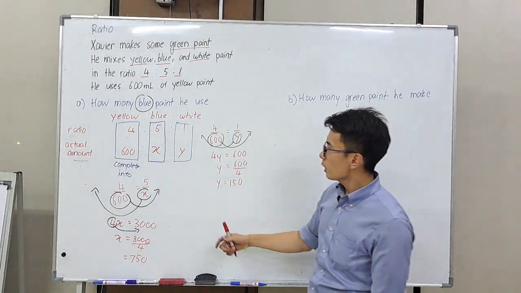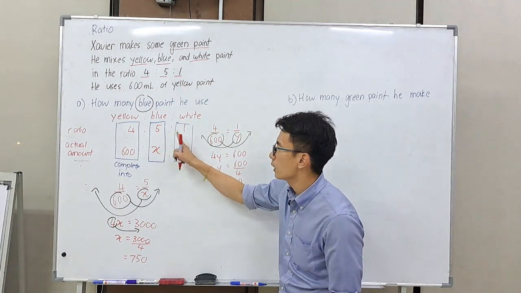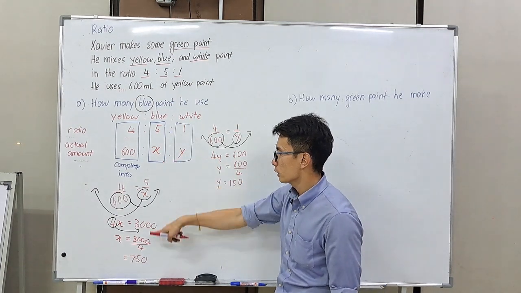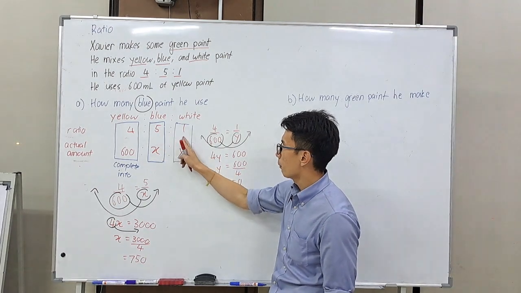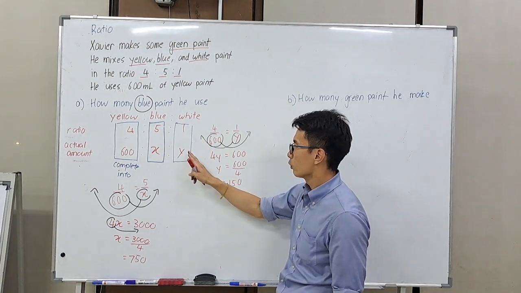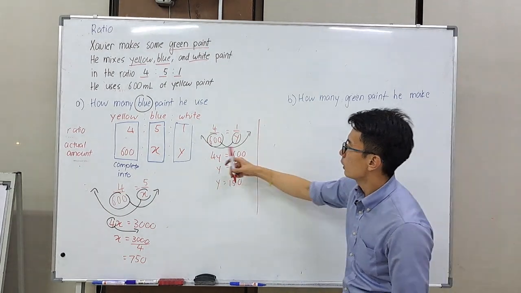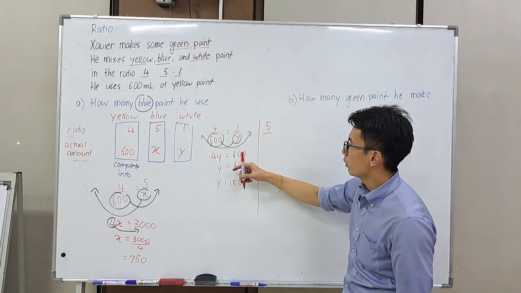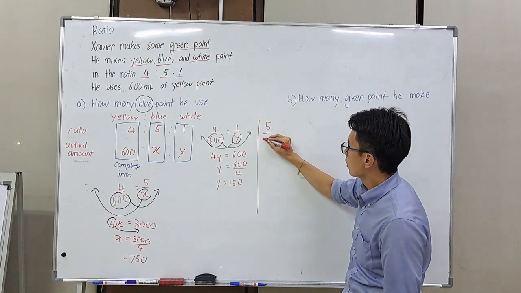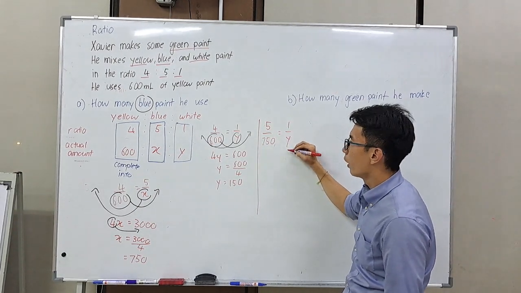Okay? Now again, I'm going to show you that you will get the same answer if you pair up this and this. Because based on this calculation, we know that x is 750. So if I use this to pair up, I will show you that I will get the same answer over here. Alright? So I'm going to write this down. I will pair this up. So this is going to be 5 over x, which is 750, equals 1 over y.